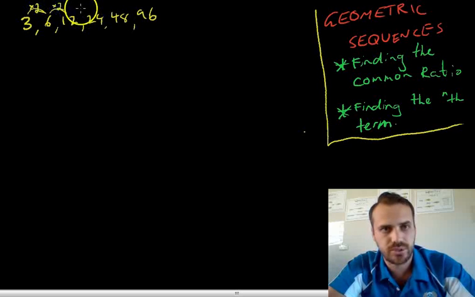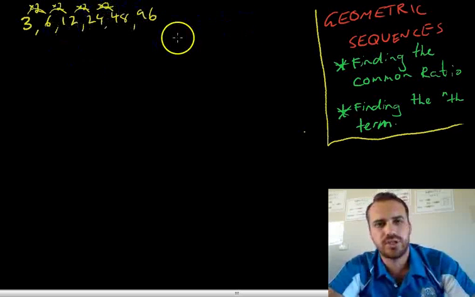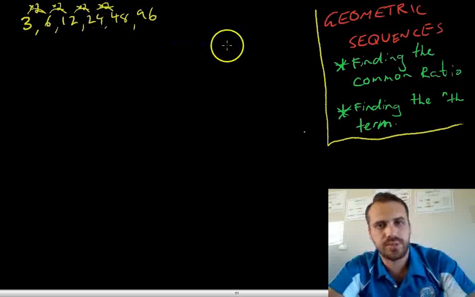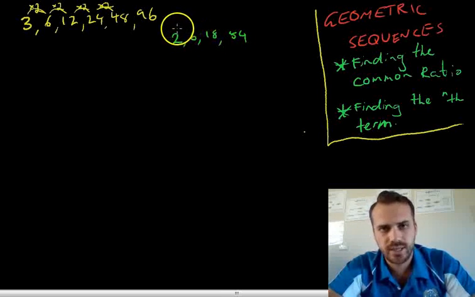Times 2, times 2, times 2, times 2, so on and so forth. Now another geometric sequence might be something like 2, 6, 18, 54. Now in this case, each number is being multiplied by 3.